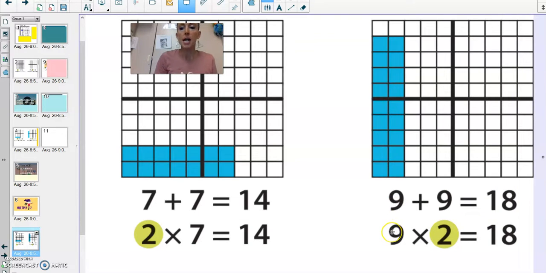In this one, I have 9 times 2, or 9 groups of 2. So I have 2, 2, 2, 2, 2, 2, 2, 2, 2, 9 times. But you know what? That's the same thing as 9 twice. It's showing up 2 times. So I'm doubling the 9. So it's all about those doubles, people.